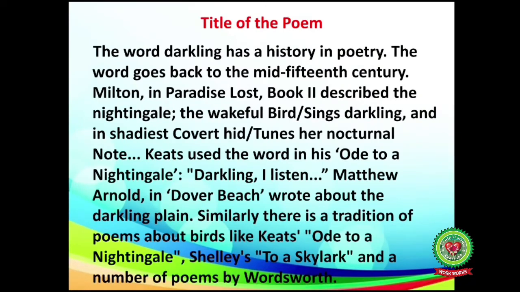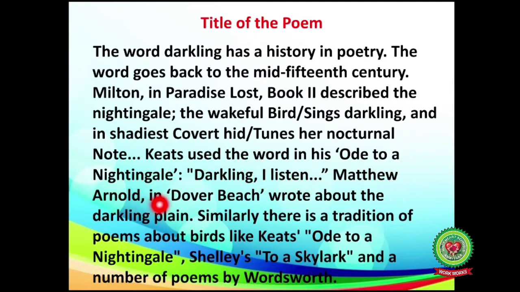Now let us understand the title of the poem. The word darkling has a history in poetry. The word goes back to the mid 15th century. Milton, in Paradise Lost, Book 2, described the nightingale: the wakeful bird sings darkling, and in shadiest covert it tunes her nocturnal note. Keats used the word in his Ode to a Nightingale: darkling I listen.